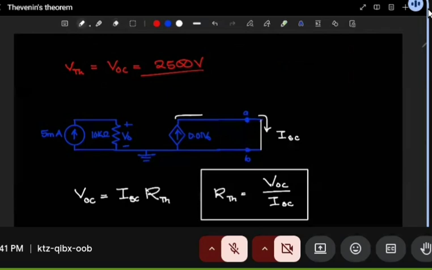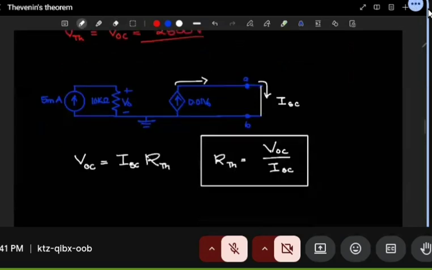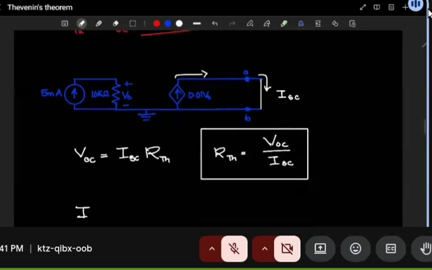What does this mean? All the supplied current, the 0.01 V0, will pass through AB. In other words, I short circuit will be equal to the supplied current 0.01 V0. Notice that the direction here is the same, because this dependent source is applying current flowing this way, clockwise, and we're labeling the current across this as going clockwise.